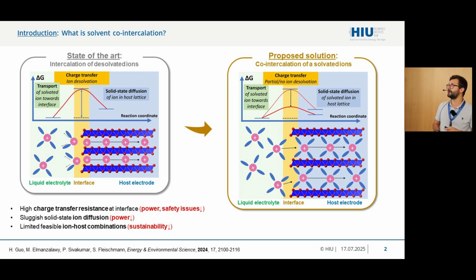What we do here is enable solvated ions from the electrolyte to directly intercalate into the host material together with parts or the entire solvation shell. This drastically reduces charge transfer resistance and can also increase transport kinetics of the ions in the host.